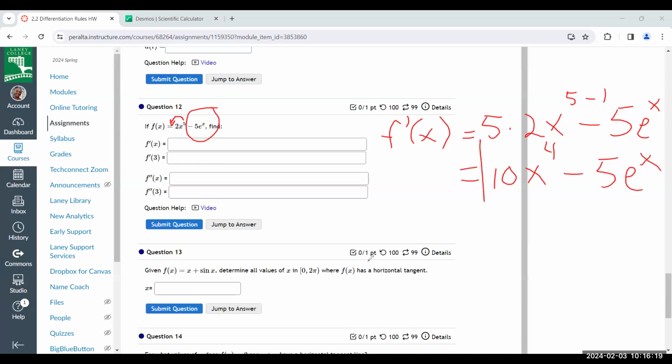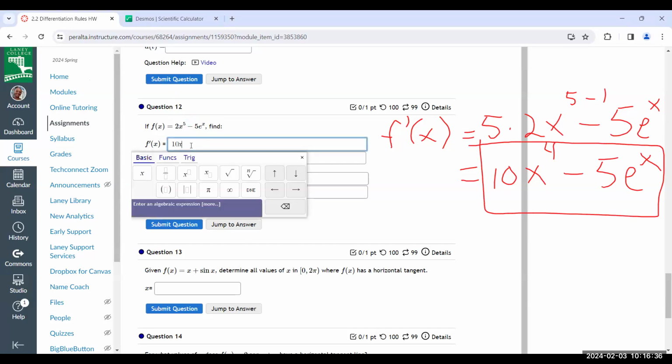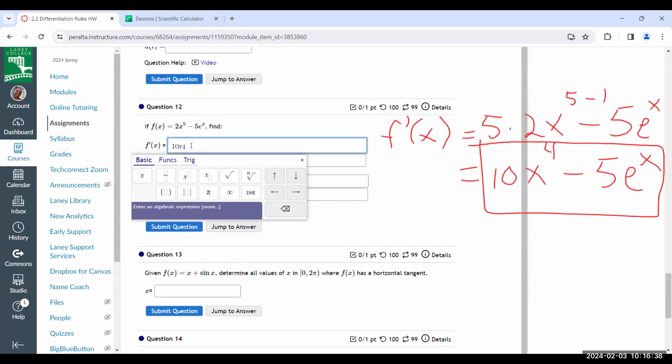It's just minus 5e to the x, and that's it. So for this first part of the problem, for your answer, you get to just put 10x to the 4th minus 5e to the x.